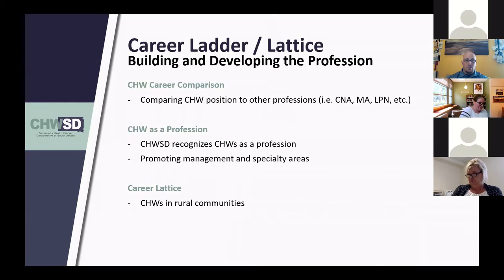And then the other thing that we want to look at too is the career lattice for community health workers, specifically in more of our rural areas.